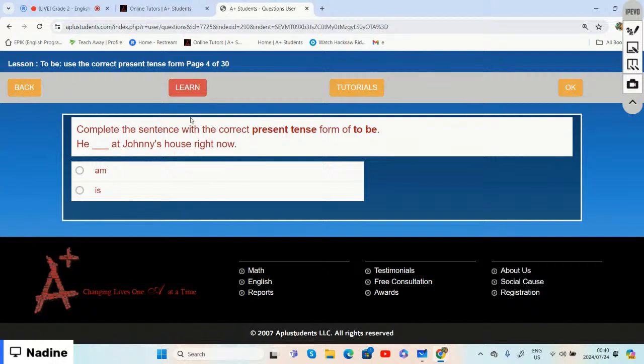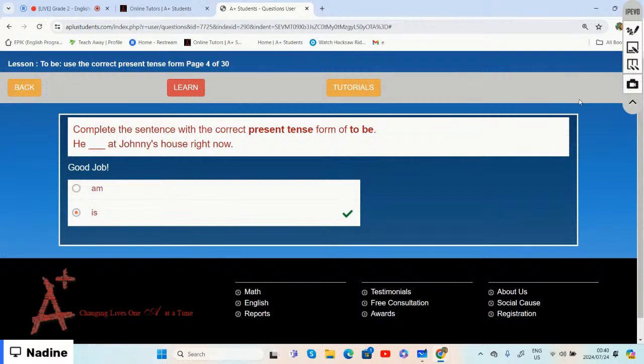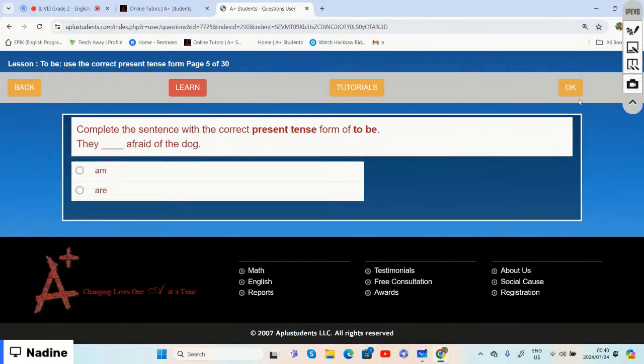All right, then we can say he is at Johnny's house right now. So we use words like is, am, are, to make mention that there is a to be and to have.